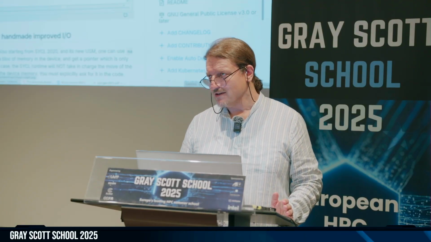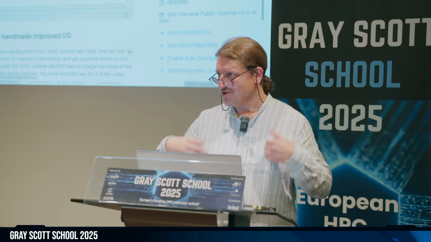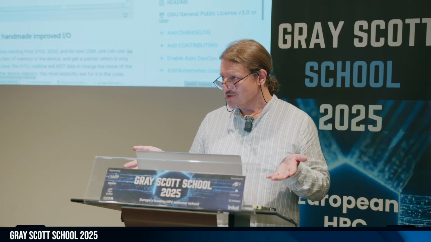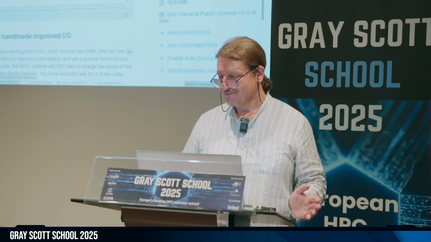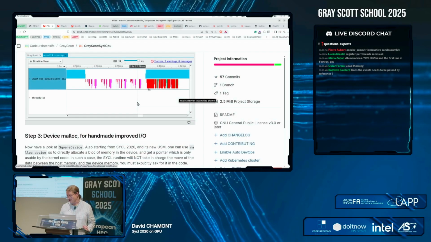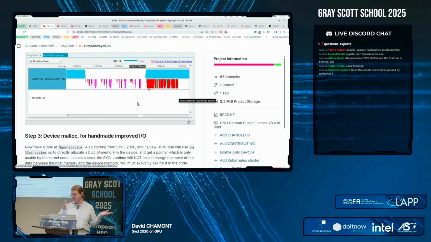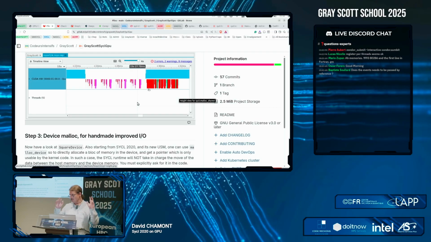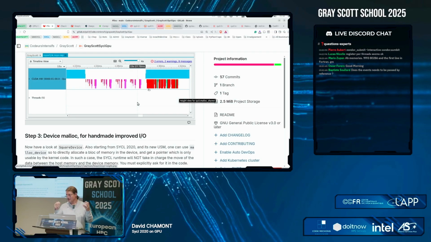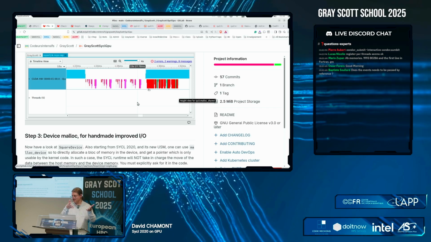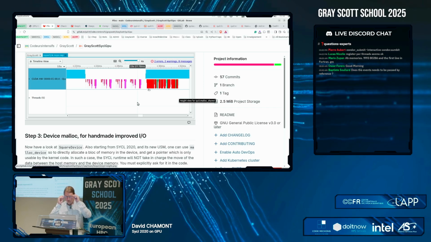We are often asked, if I want to write a SYCL code, which should I use among all those ways? The usual answer is, if you start from scratch, better use buffers and accessors because it's the clean way. You are giving the most information possible to the system. So we would say it's the best.